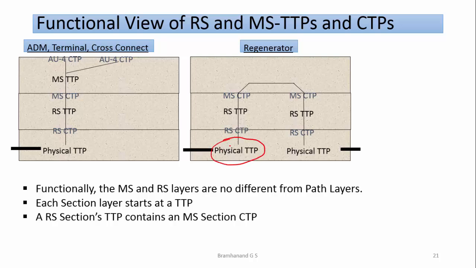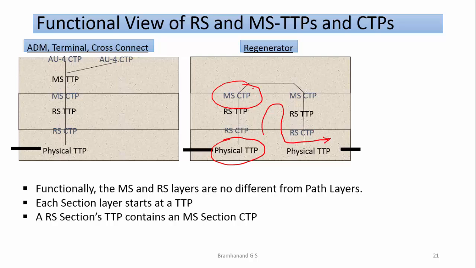For example, in this regenerator, it gets terminated by a TTP, and a regenerator section TTP will have a multiplex section CTP, which gets cross connected to its own multiplex section connection termination point, and the data flows again.